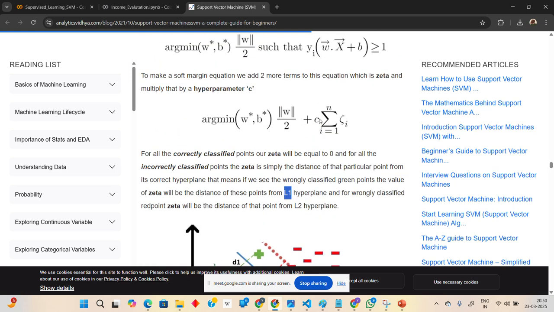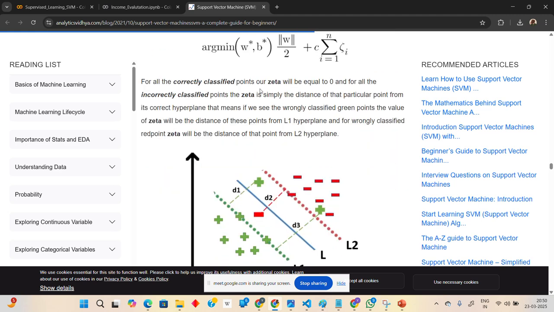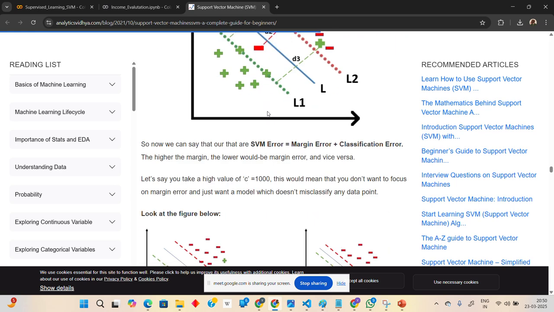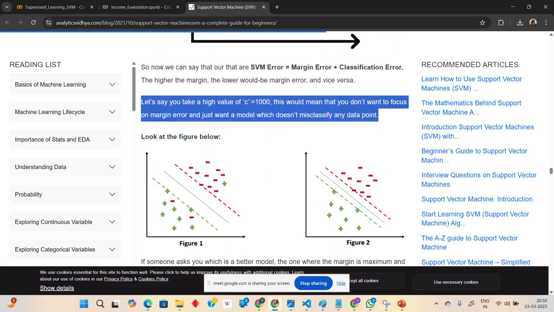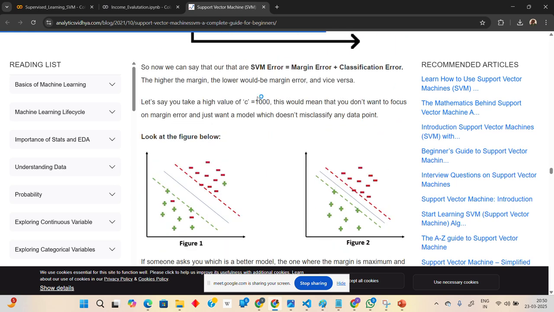So basically, we add two terms. One is zeta and one is hyperparameter C. What exactly does this zeta do, and what exactly does hyperparameter C do? It is very clearly mentioned here. The error is always margin error plus classification error.